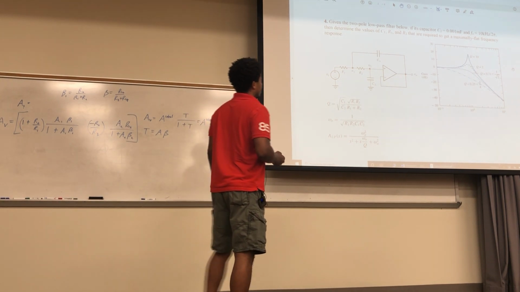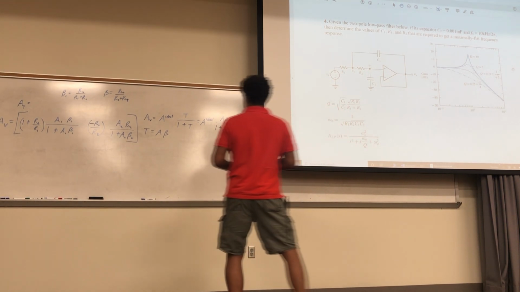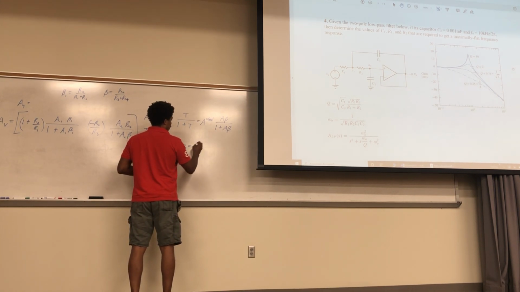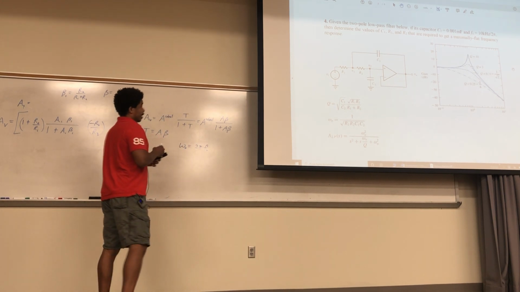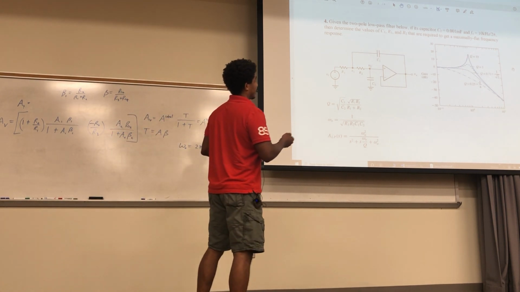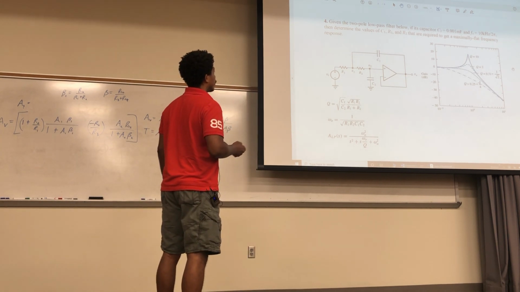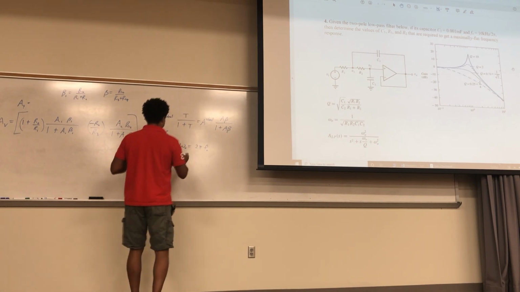So you're given a couple of things. You're given the frequency right here, and so you know that omega 0 is 2 pi f. That's why I stuck a 2 pi there, so they cancel out. This capacitor right here is given to you, so you know this C2.